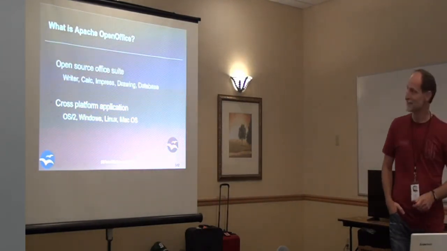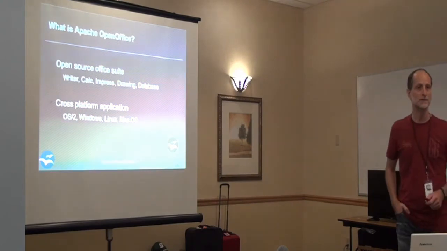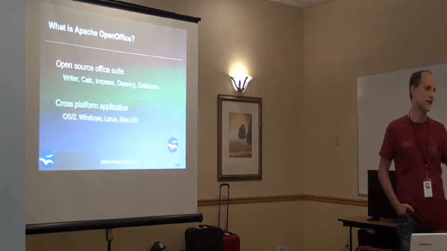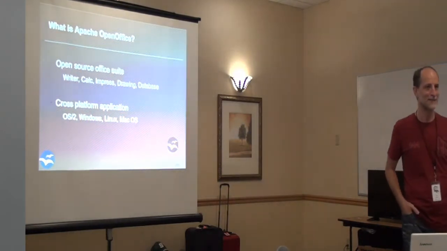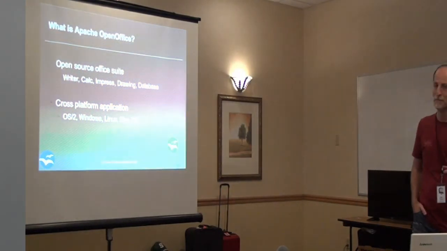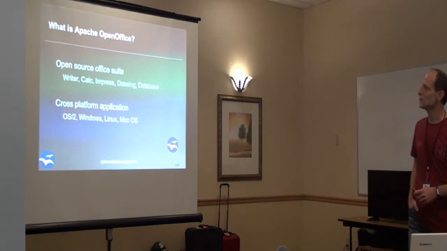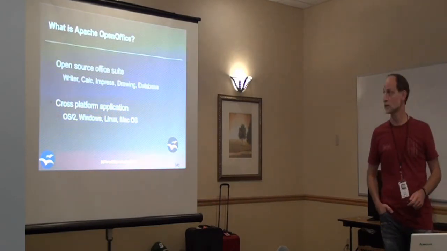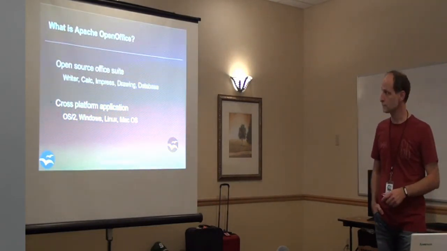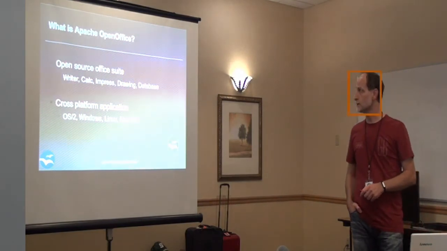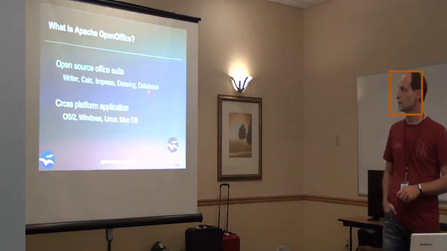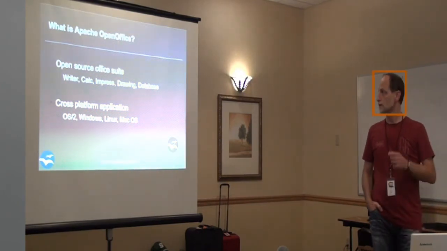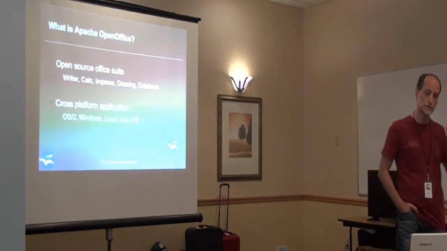So, what is Apache? I'm sorry, I'm used to saying Apache in Italian, so I will mix the words. Apache OpenOffice is an open source suite. It has 5 modules: Writer, Calc, Impress, Drawing, and Database Handling. It is a cross-platform application.